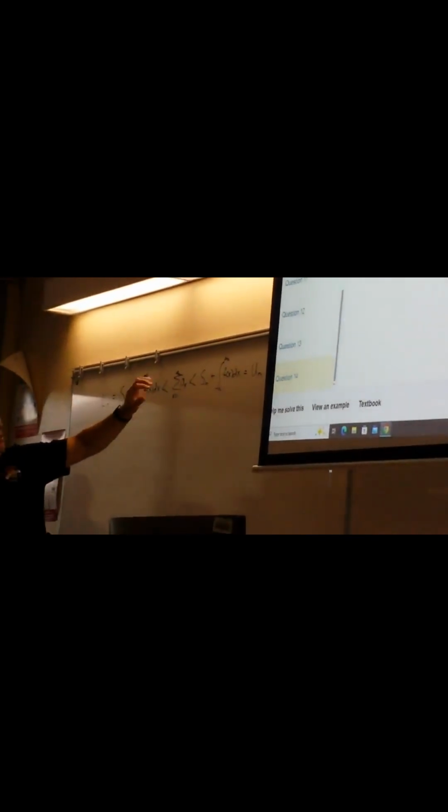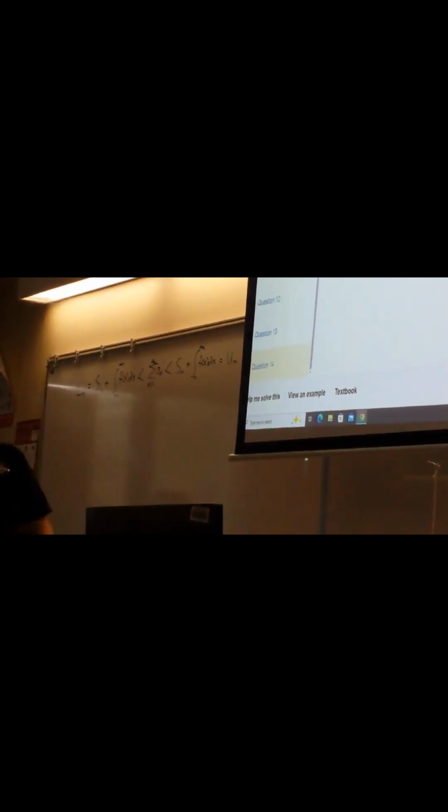So this problem, part A here, says use an integral to find an upper bound for the remainder in terms of n. So U sub n is the upper bound. Means we ought to do this.